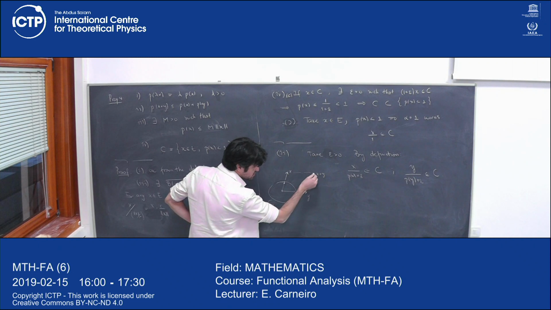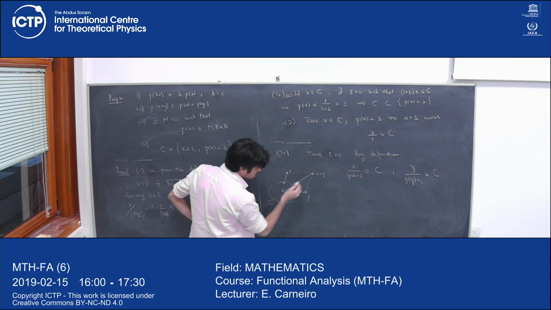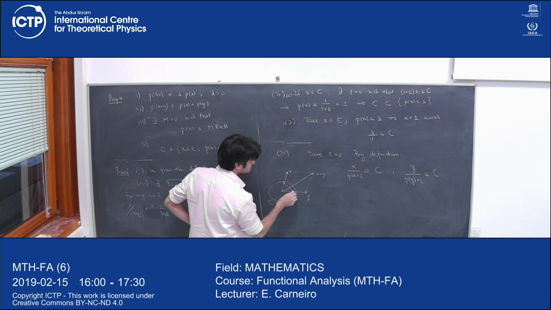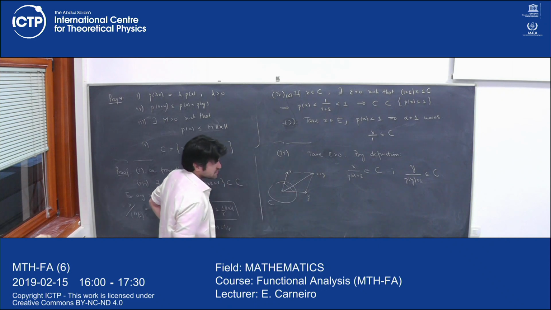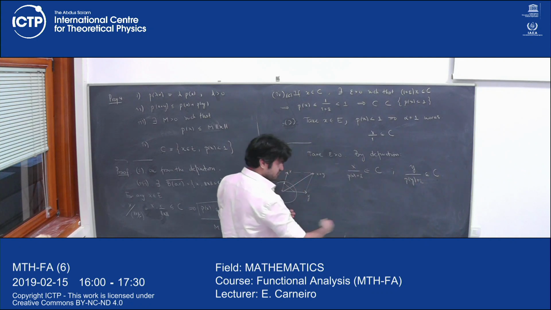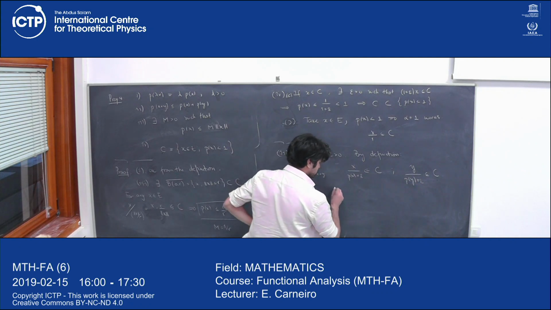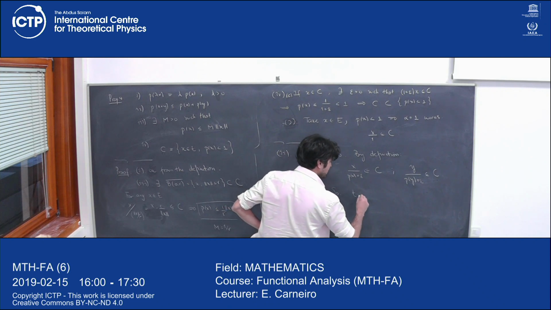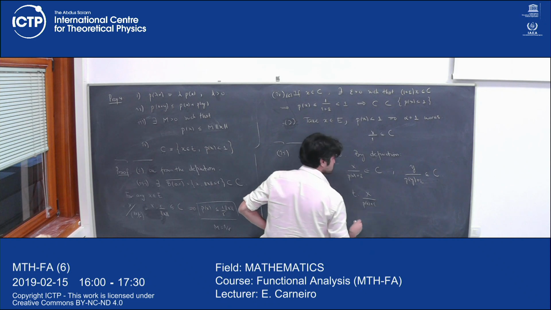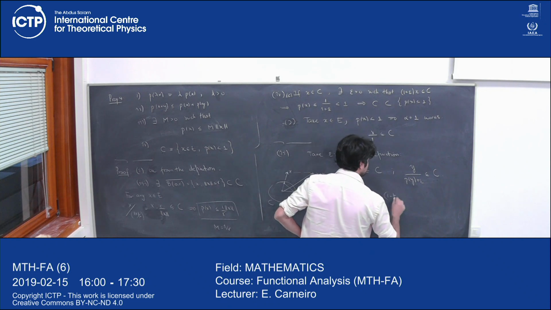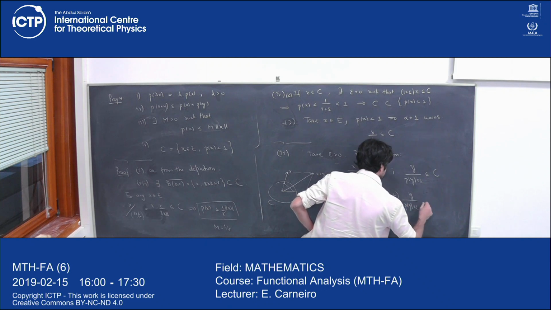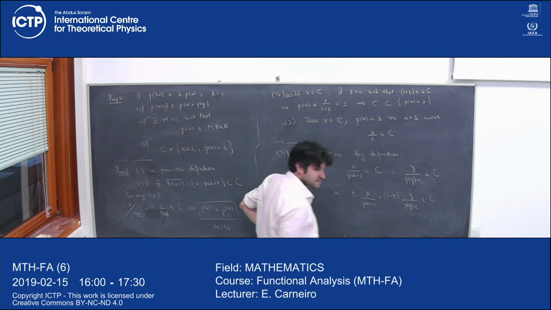And the idea here is to just take X and Y and look at some sort of linear combination. So this guy belongs to C, this guy belongs to C. Any linear combination of them, so T times X over P of X plus epsilon plus 1 minus T times Y over P of Y plus epsilon, belongs to C, right?